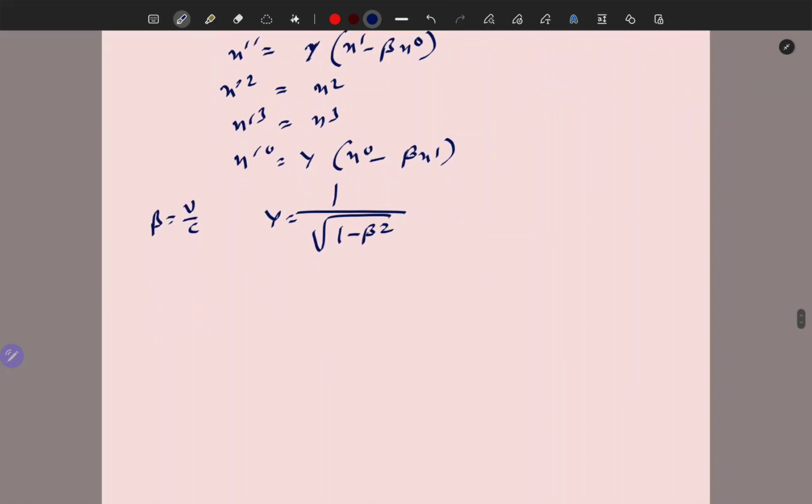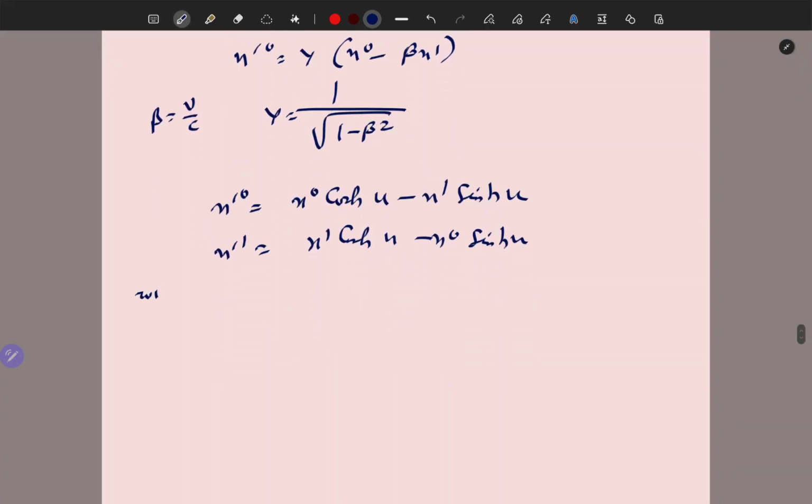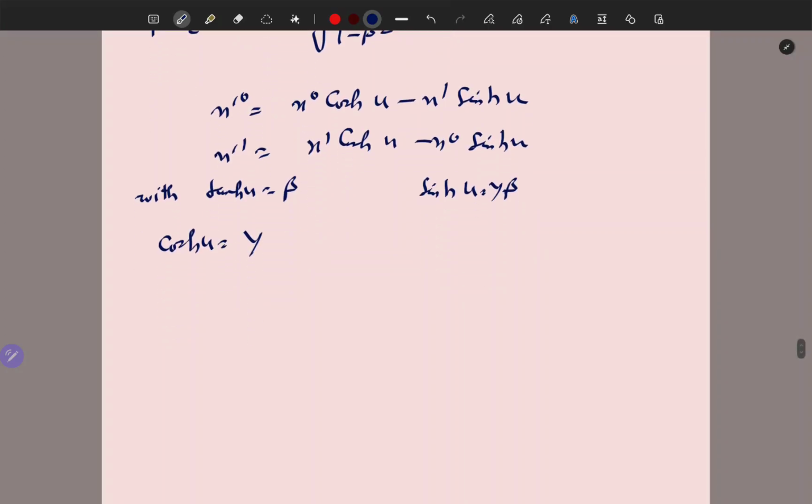The above transformation can be written as x'^0 = x^0 cosh q − x^1 sinh q, and x'^1 = x^1 cosh q − x^0 sinh q, with tanh q = β, sinh q = γβ, and cosh q = γ.